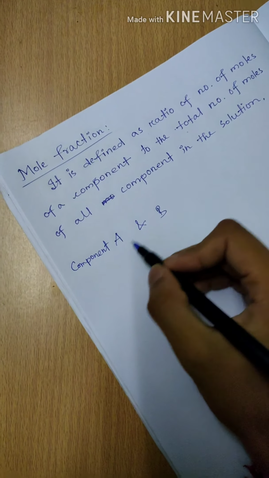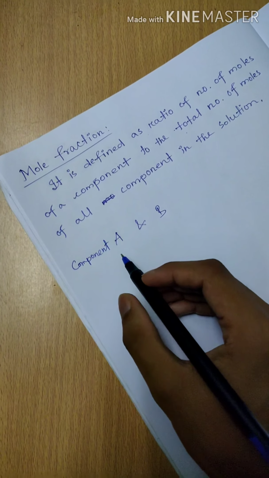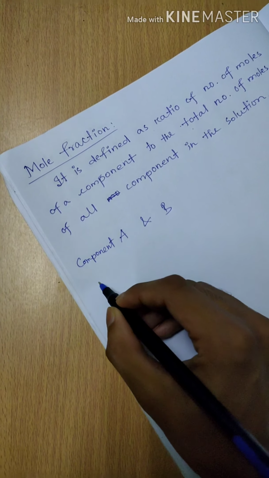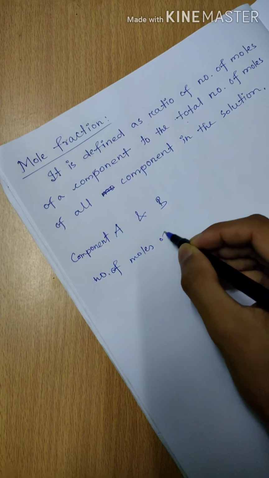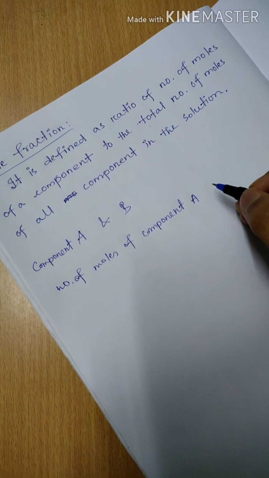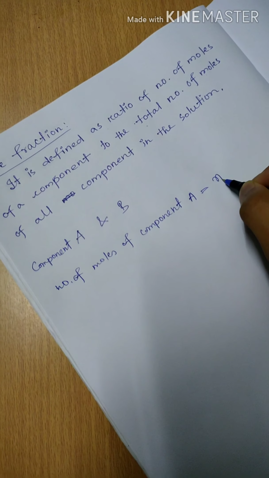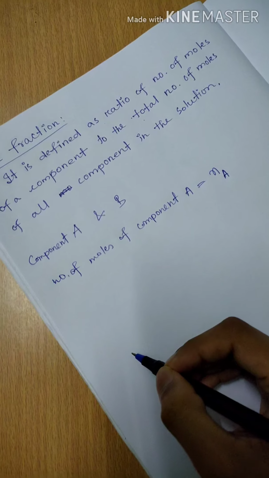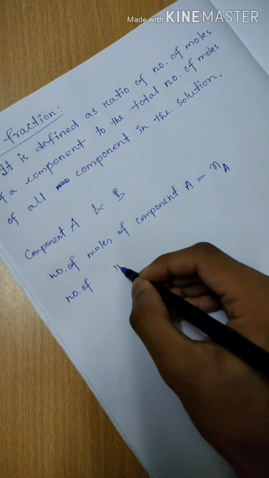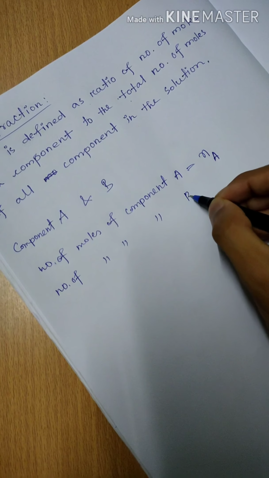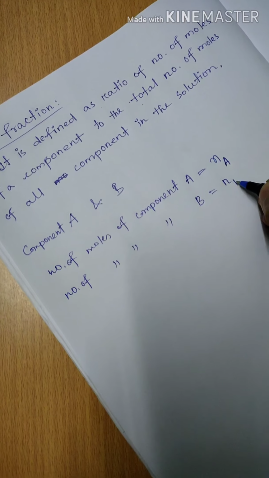The number of moles of component A is denoted by Na. Similarly, the number of moles of component B is denoted by Nb.